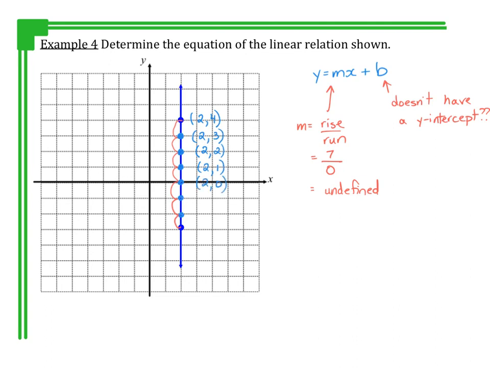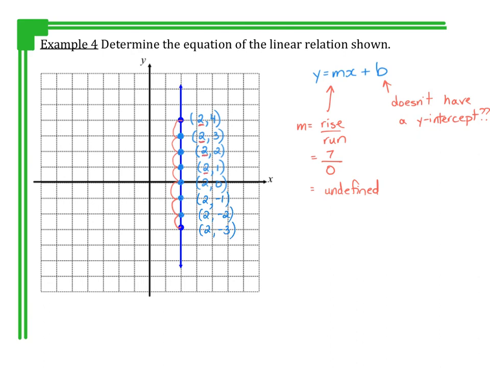Look at each one of those points and ask yourself, what do they have in common? Okay, what do those points have in common? Well, if I look at each of those points, they all have an x-coordinate of 2. Every single point on that line has an x-coordinate of 2, okay?